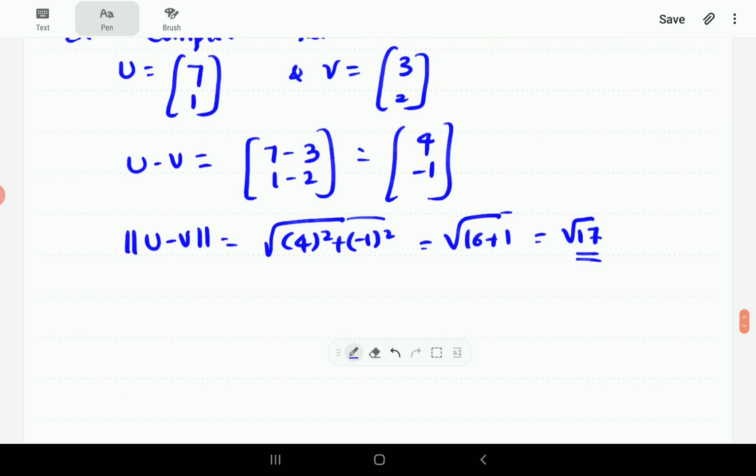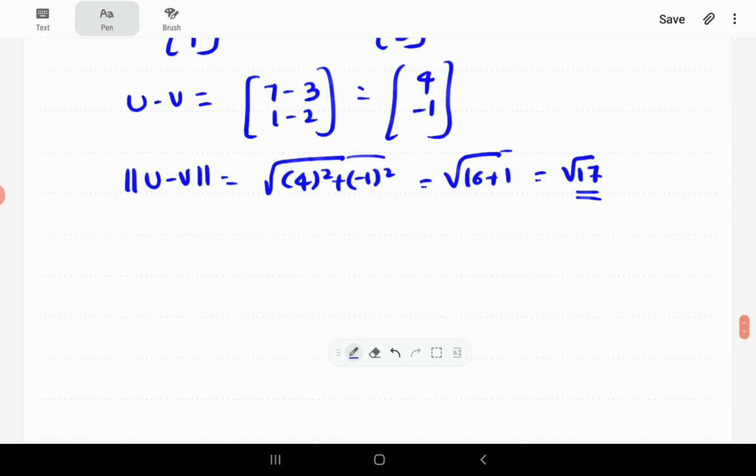Then suppose you have three-component vectors, where u is u1, u2, u3 and v is v1, v2, v3.